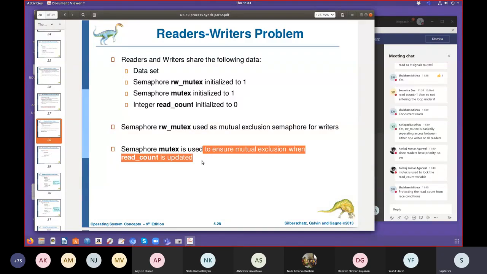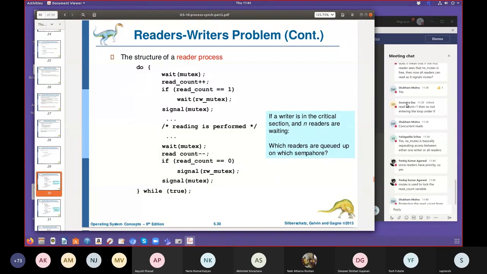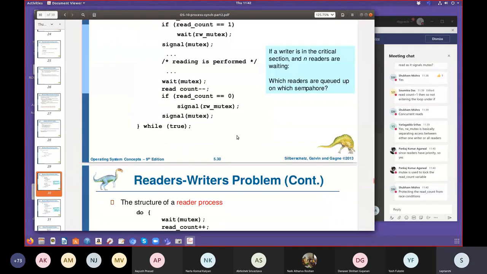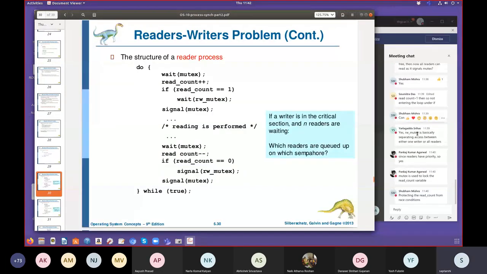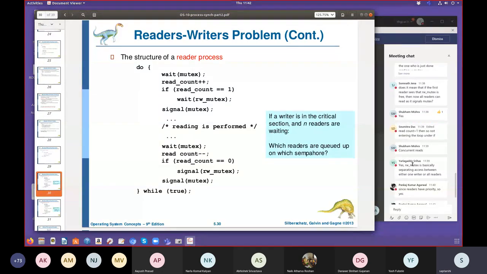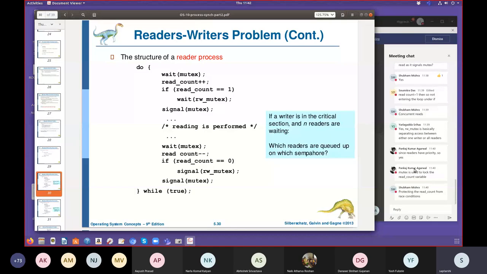So mutex is used to ensure mutual exclusion when read_count is updated. Okay. So then, what is the answer to the question by Shomnath? Maybe let's hear someone say. Pankaj, what do you think?